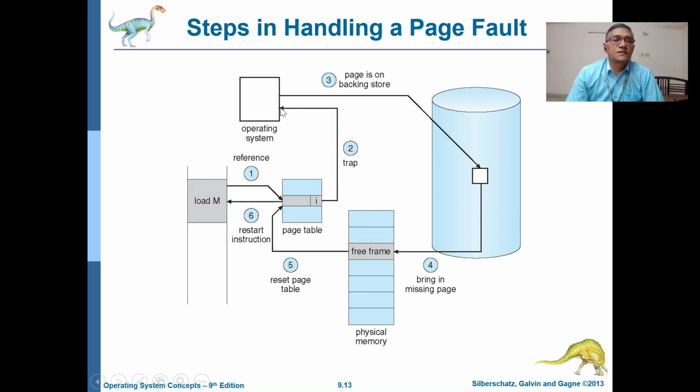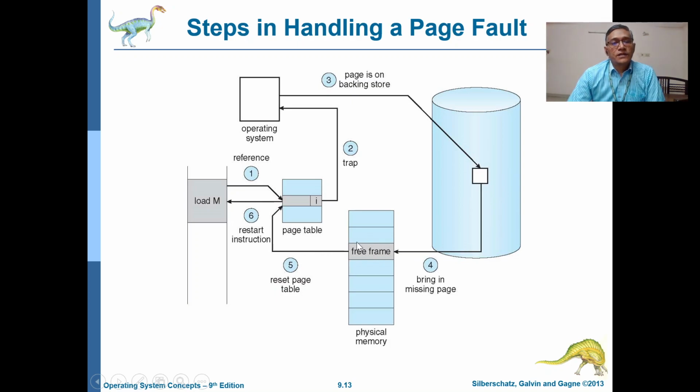Now the operating system understands that the requested page is not available in physical memory, so it goes to the backing store. That is the third step. Before that, it identifies a free frame. In the fourth step, the page is brought from the backing store to physical memory.